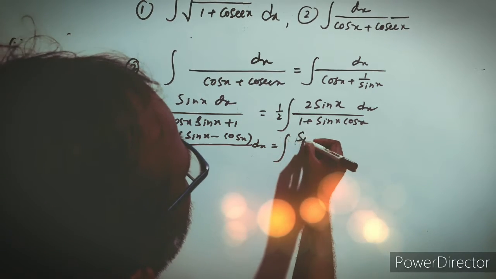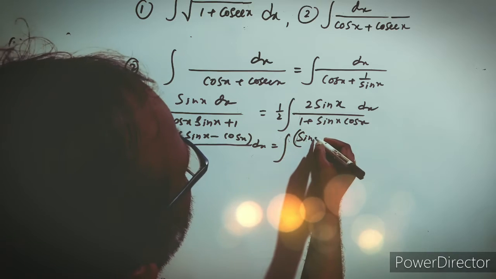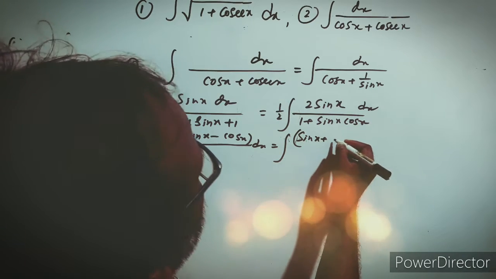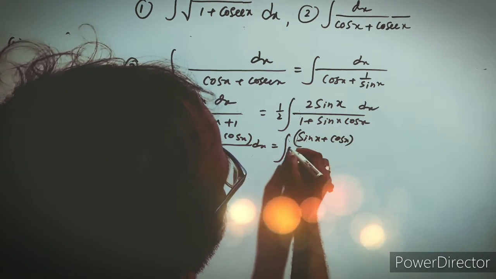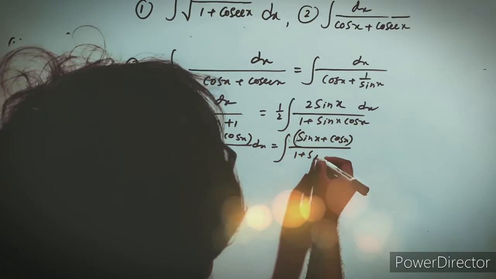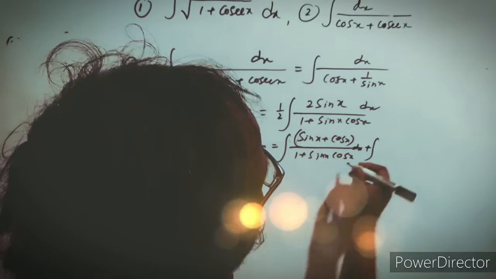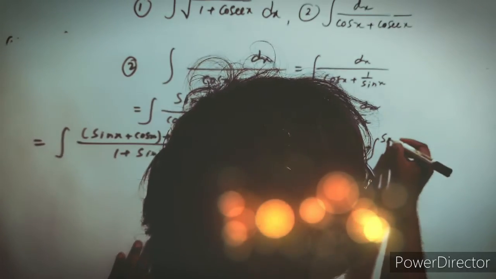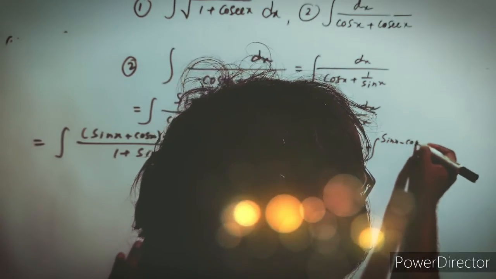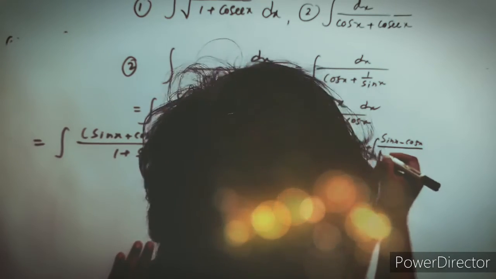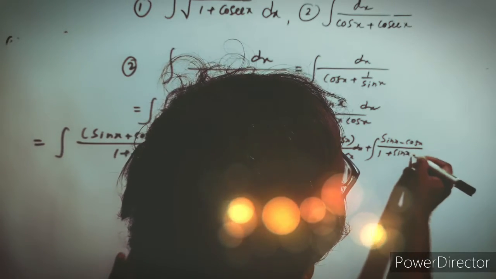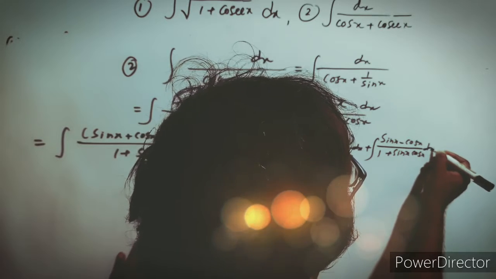Split the partial part: sin x plus cos x divided by 1 plus sin x cos x dx, and sin x minus cos x divided by 1 plus sin x cos x dx.